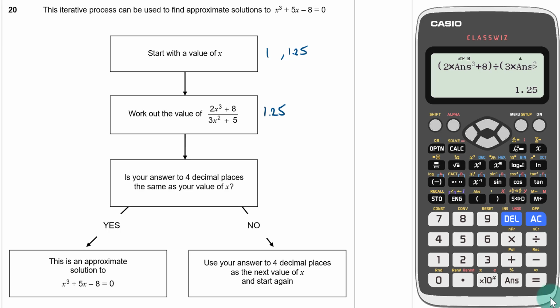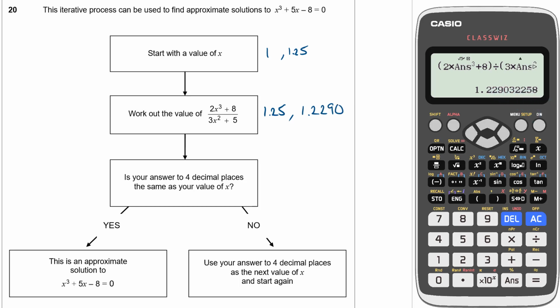Now if I press equals again, it will feed that 5 quarters or 1.25 back into the iterative function, and it should give us the answer that we get the next time round, which is 381 over 310, which as a decimal number is 1.2290.